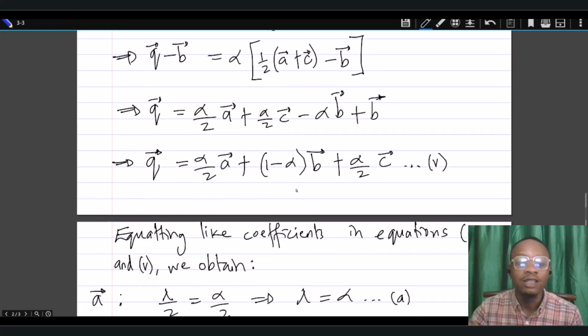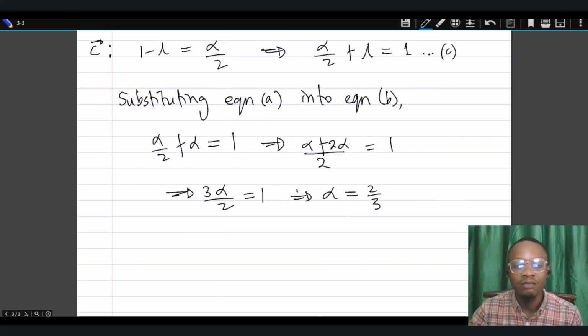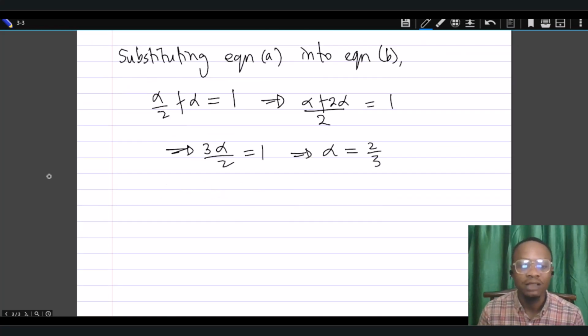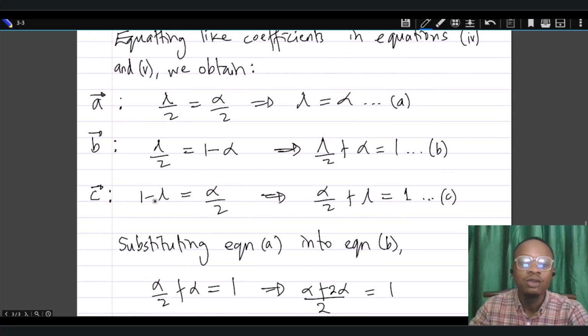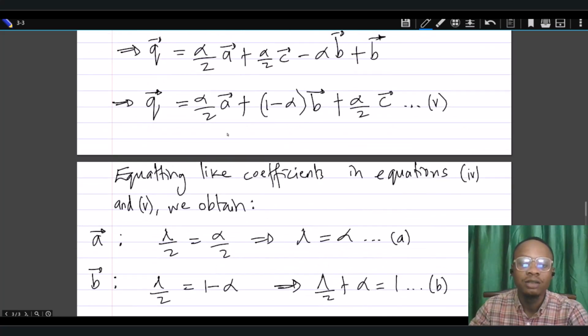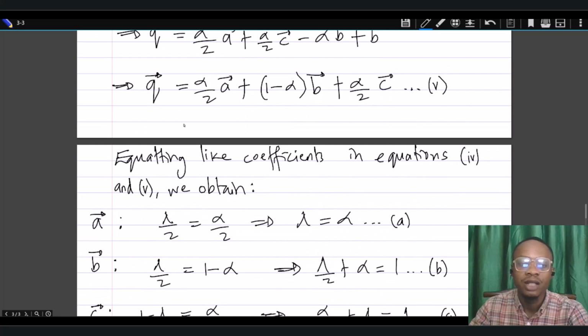All right, so let's go ahead and do that now, substituting all of this into equation 5. Then we'll have Q equal to, so we know alpha is 2 over 3, so we'll put that here.